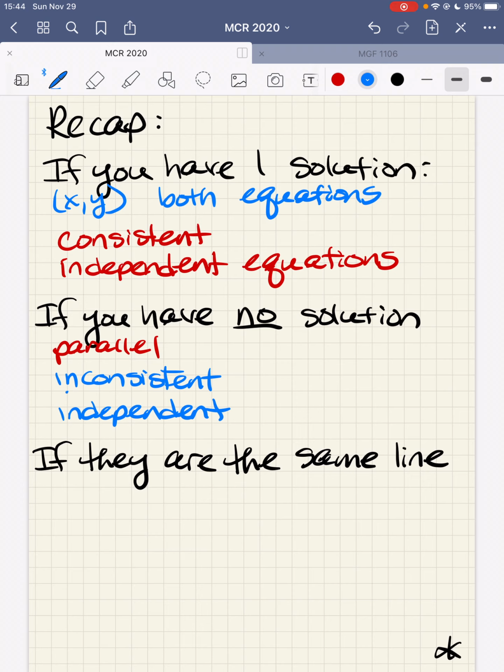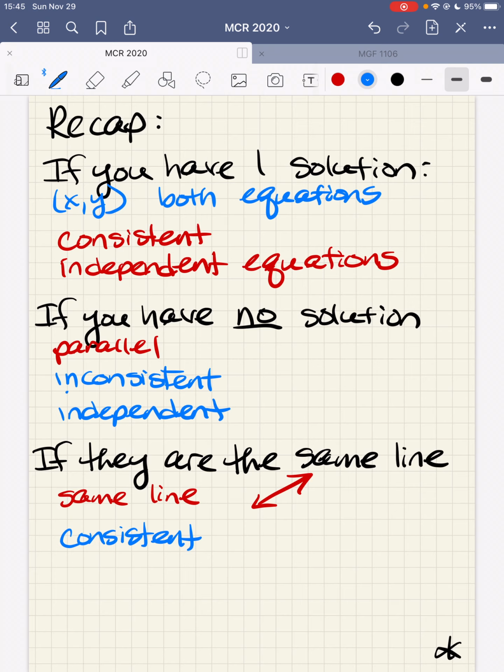If these 2 are the same line, which means as we go through, these are the same line, so they both overlap, and they look like one line. Because they have solutions, these are consistent. Because there is a solution, there just happens to be a lot of them.